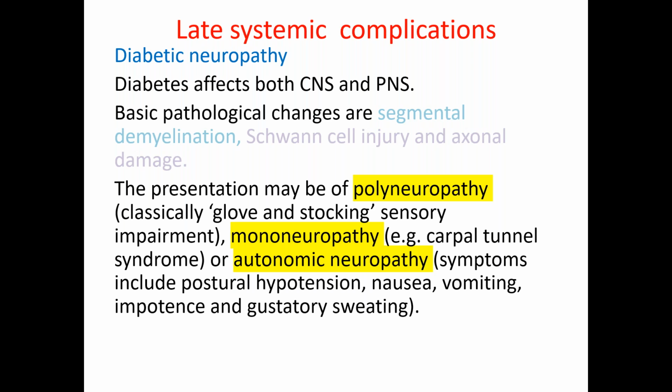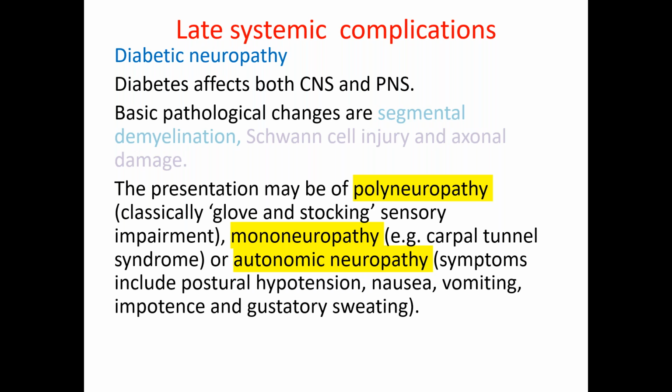Diabetic neuropathy affects both the central nervous system and the peripheral nervous system, and the pathological changes are segmental demyelination, Schwann cell injury, and axonal damage.